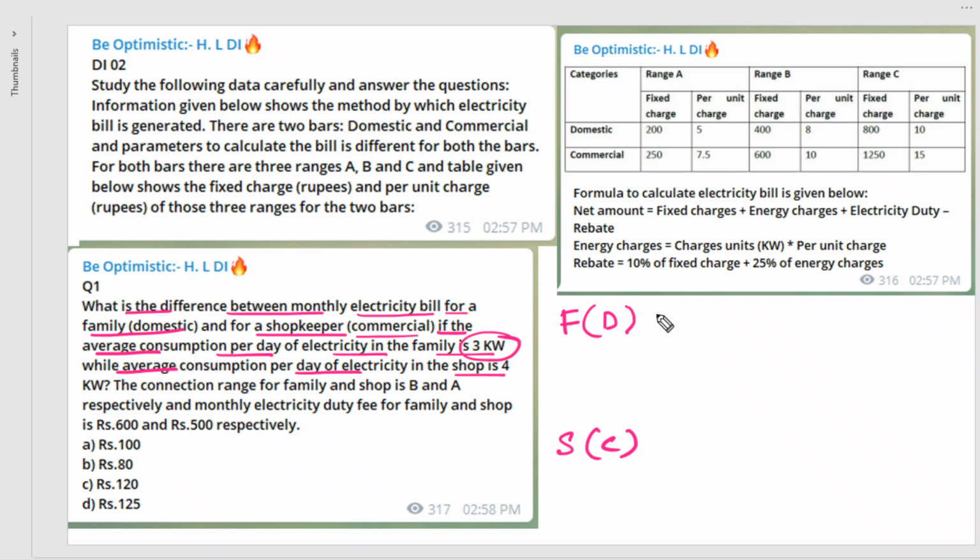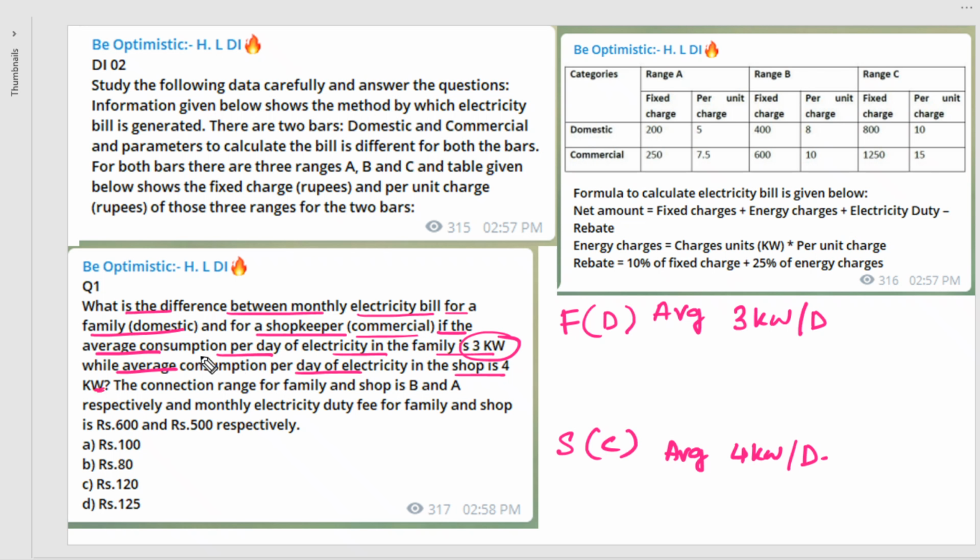So for the family, the average consumption is 3 kilowatt per day, and for the shopkeeper, the commercial, it is 4 kilowatt per day, right? Fine.